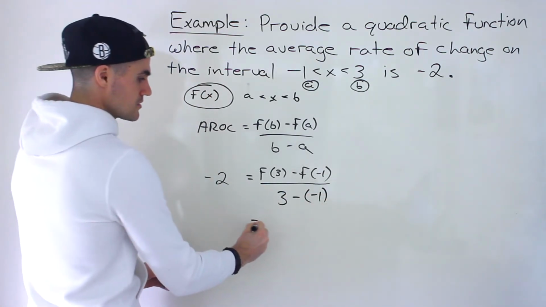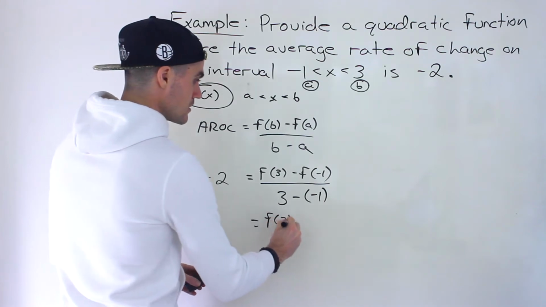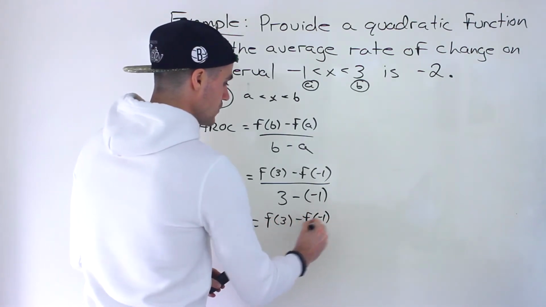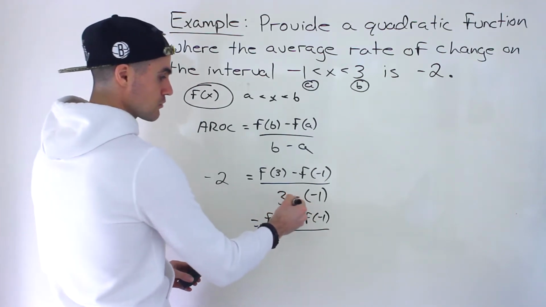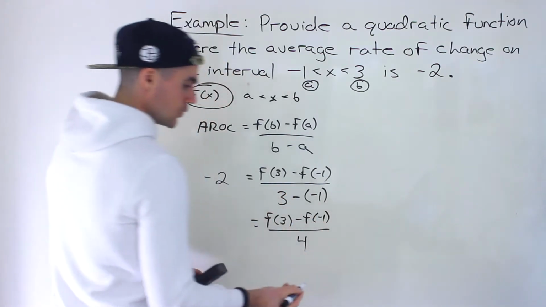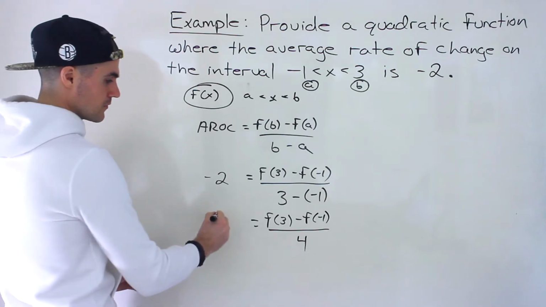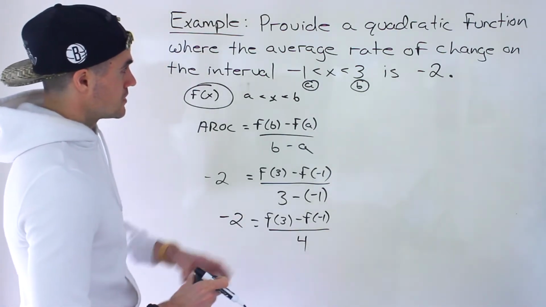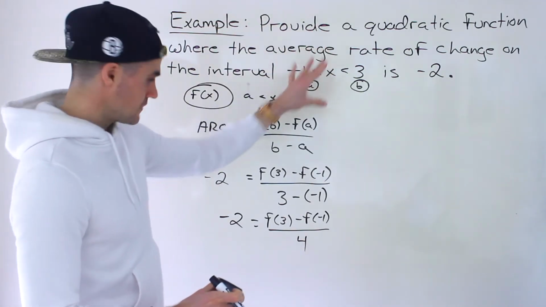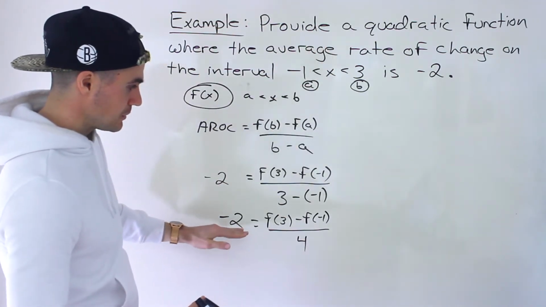So this would give us f of 3 minus f of -1, and then we'll have 3 minus -1, which is like 3 plus 1, which would give us 4, right? And that's equal to -2. So taking this specific scenario, we can simplify it to this.